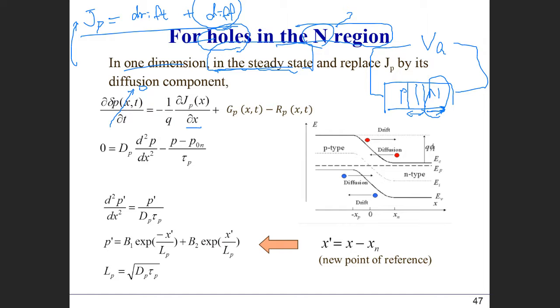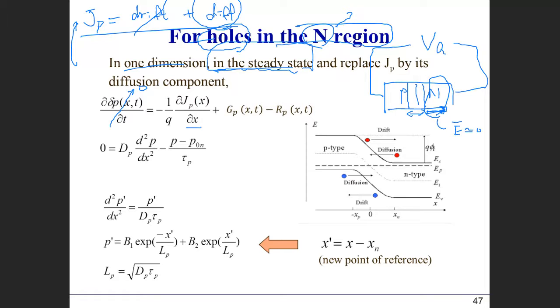Okay, in the bulk N region, your electric field is going to be 0. Okay, so there is no electric field in the bulk region, which means that you do not expect to see the drift current. Okay, for this case.